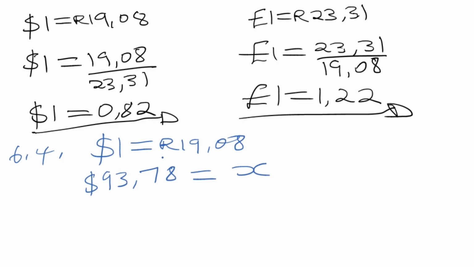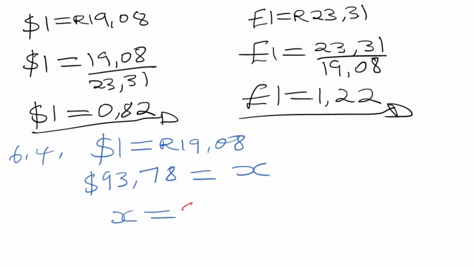Another thing that we need to know is that your answer must be in rands. So an advice, when you are doing these things, you need to make sure that one currency is on the left hand side and the other currency is on the right hand side. So let us cross multiply here. When we say 1 multiplied by x, we get x.